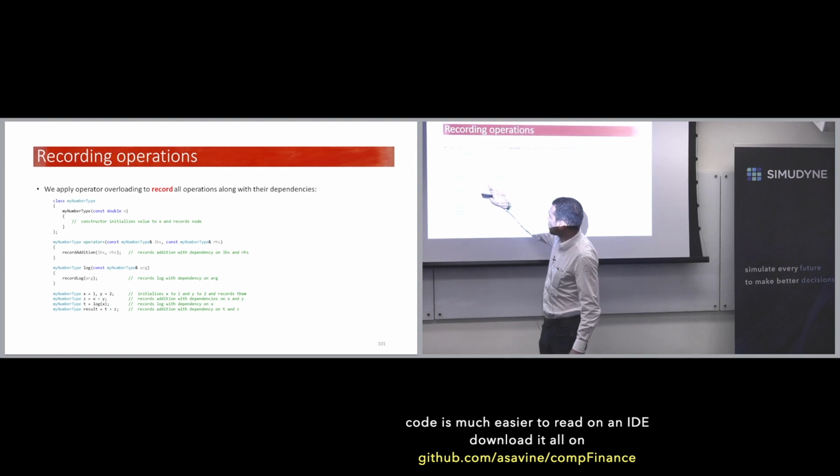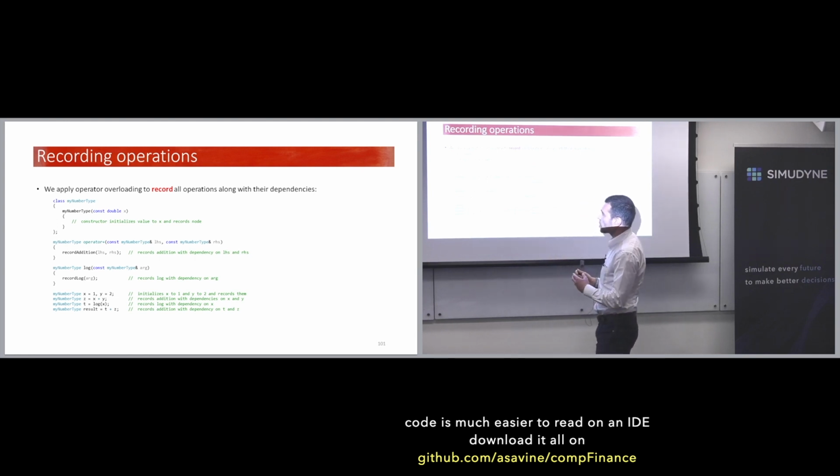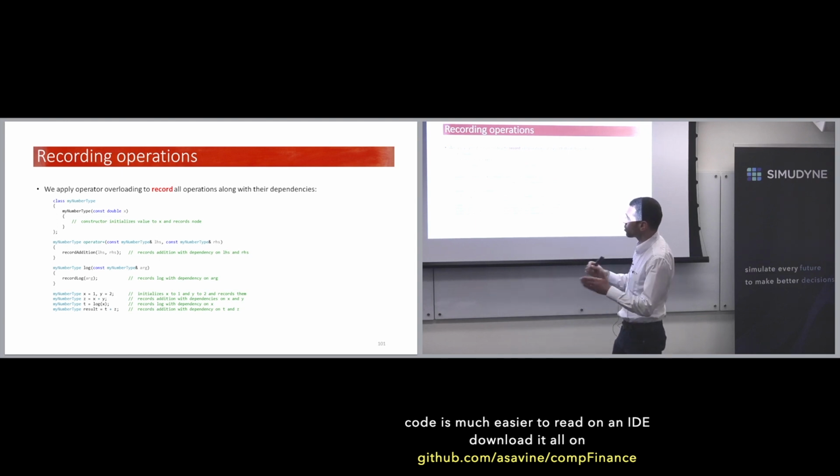And then I will overload my operators with code that will record something. So for instance, in the operator plus, I will put something that will record an addition, right? But it's not enough to know that an addition is happening. An evaluation graph is not just a sequence of operations, it's a sequence of operations together with dependencies.